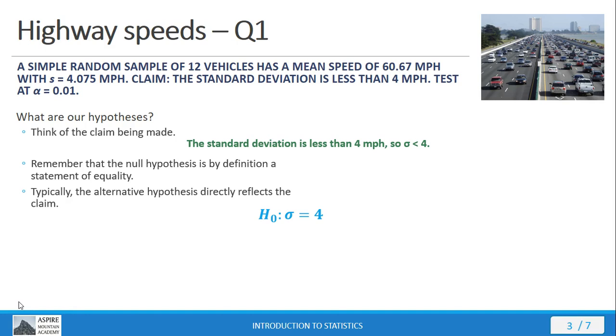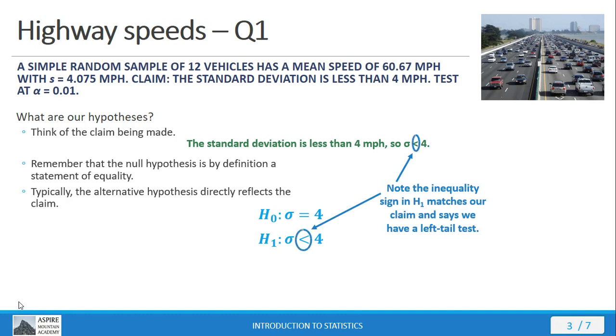There's no semblance of equality in our claim, so we can't adopt it as our null hypothesis. So we've got a match there with our claim, and that inequality sign in the alternative hypothesis, like an arrow pointing to the left, indicates we have a one-tailed test on the left side of the distribution, which is a left-tailed test.